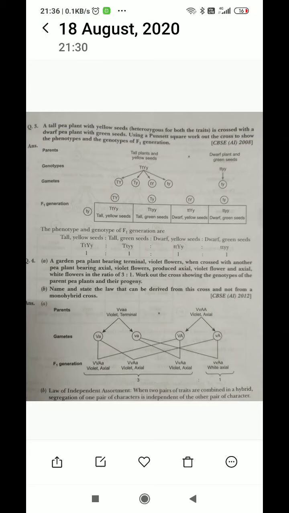So 3:1 will come when this violet will be in the heterozygous condition, capital V and small v. And here also it is capital V and small v. Then only it will come in the ratio of 3:1. So terminal is recessive, but violet color is in heterozygous condition in both of them. Then only the ratio will come in the form of 3:1.